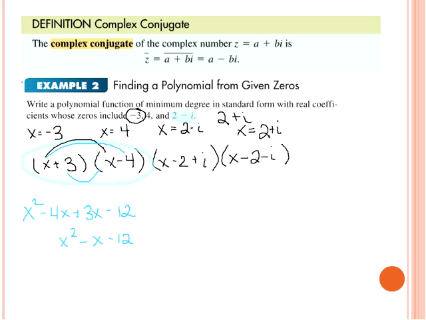Everyone good with distributing those first 2 parentheses? So hopefully you're good with that. That's all the way back to like our pre-algebra days, Algebra 1 days just about.